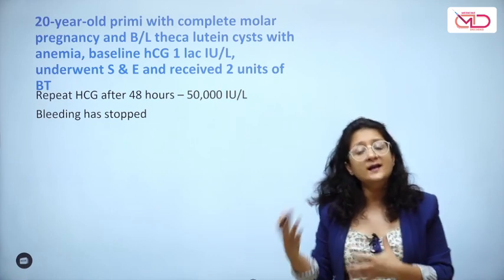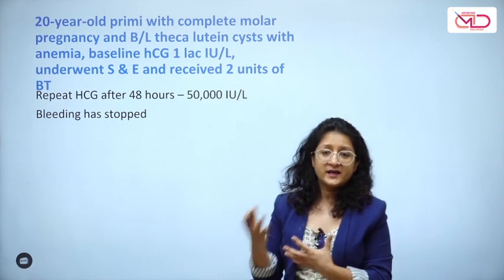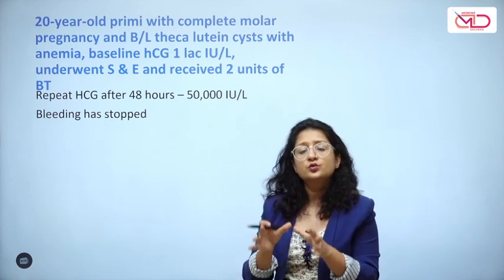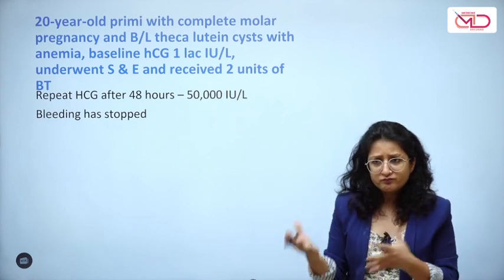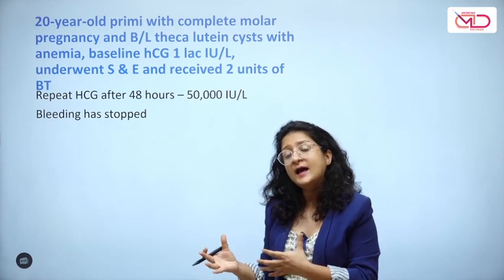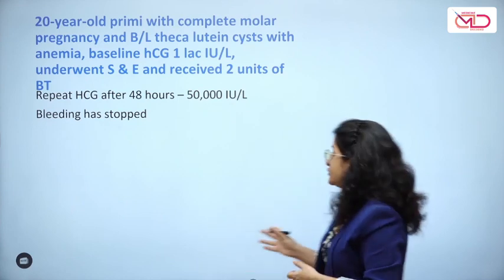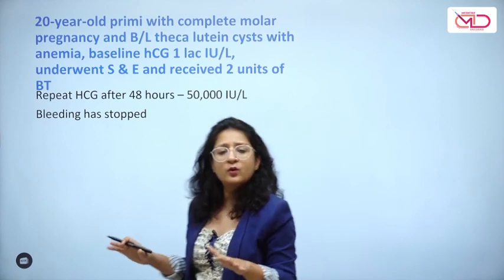Chemotherapy by itself has side effects. All therapeutic agents do, and the one that we use for gestational trophoblastic neoplasia is methotrexate. So we don't want to give it unnecessarily unless it is indicated. So there is no routine prophylactic chemotherapy.